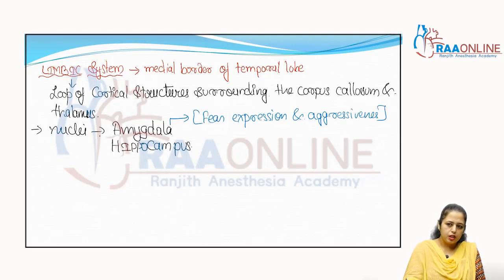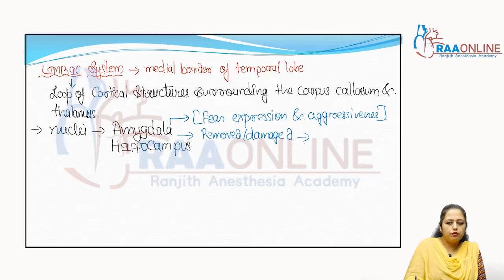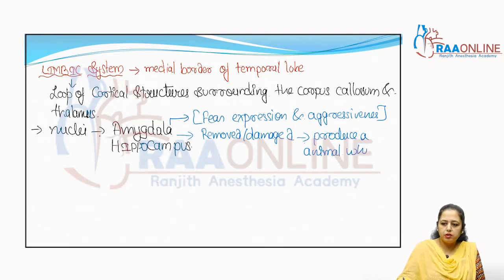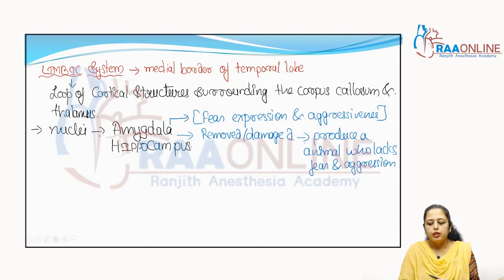For aggressiveness. So if the amygdala gets removed or damaged, then what will happen? We produce an animal who lacks, that means absence of, fear and aggression, right?